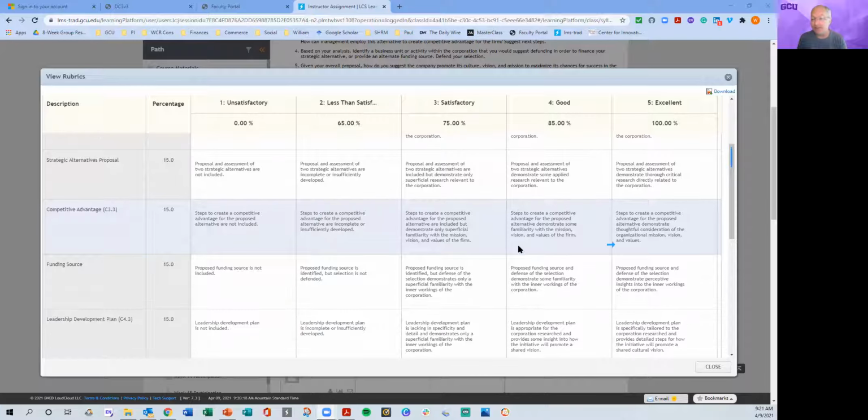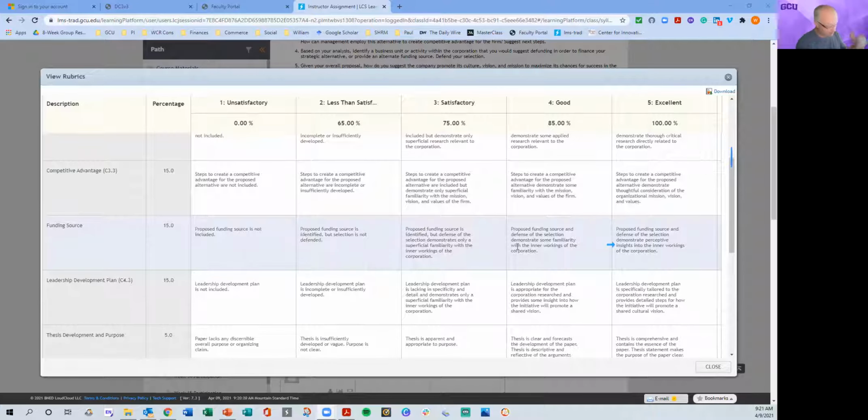Next, we've got the funding source, which relates back to your financial analysis. Proposed funding source and defense of the selection demonstrate perceptive insights into the inner workings of the corporation. So how does the organization typically raise their funds? It's not as much about an option out there the company's never tried.